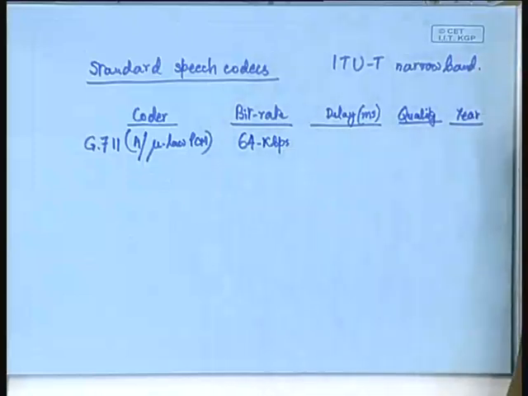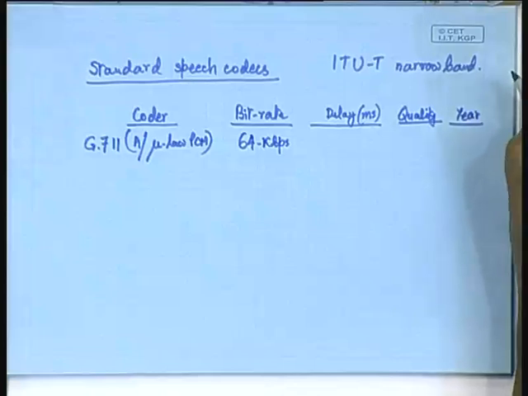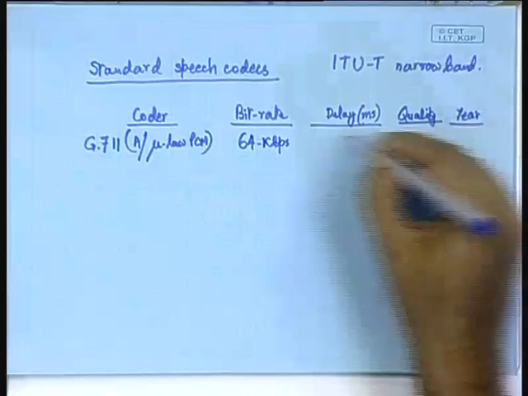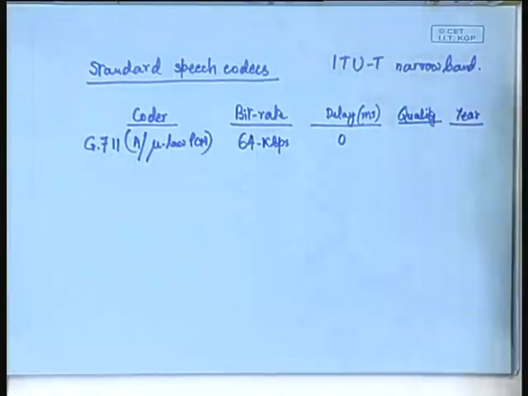In today's technology 64 kilobits per second is definitely high, but going by the coding delays and the quality, it is really very good, with a delay of almost 0 milliseconds.